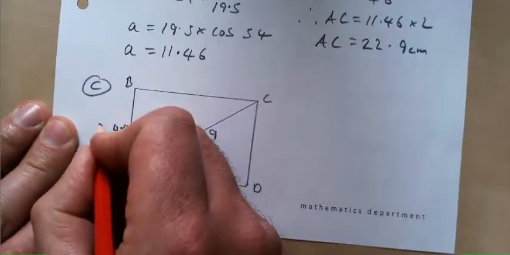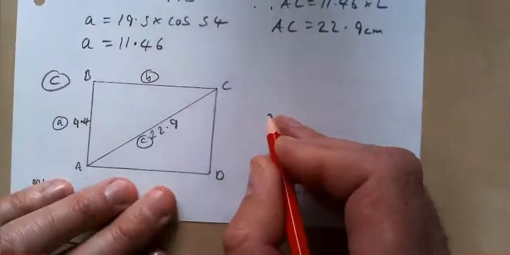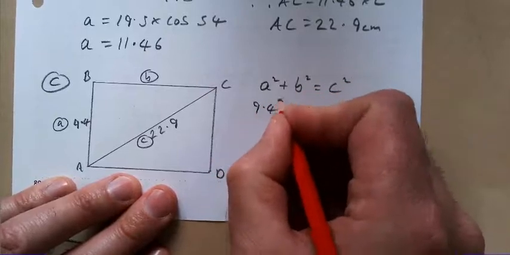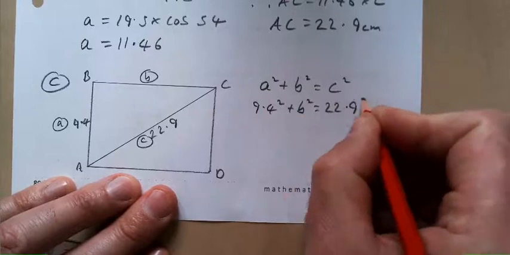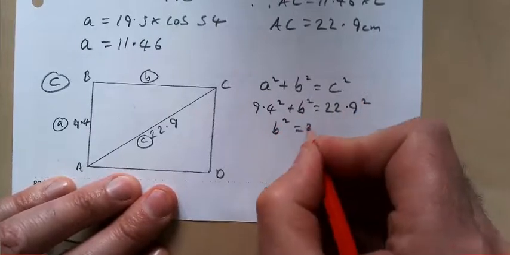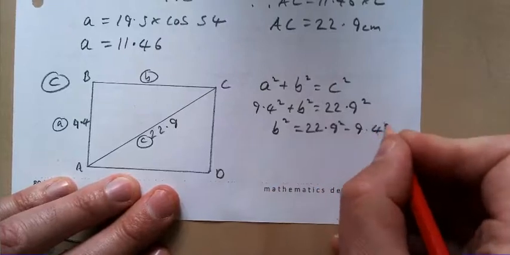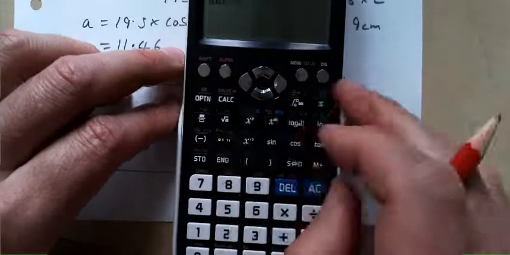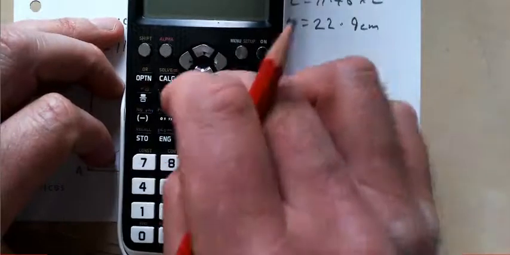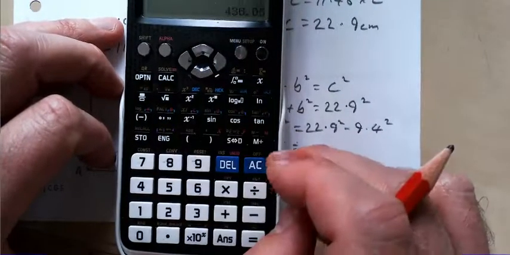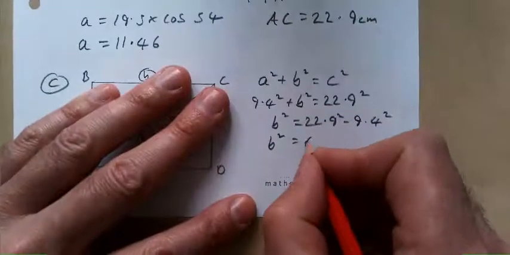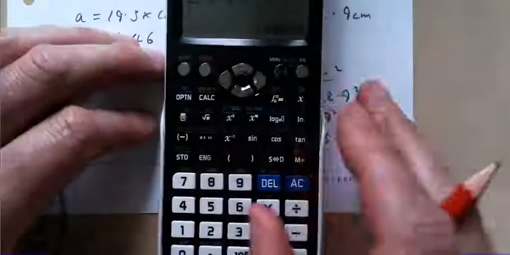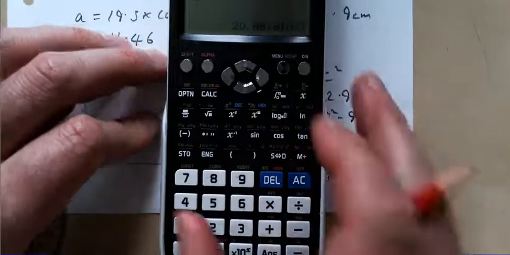I'm going to call this one a, this one b, this one c, and we're going to have a squared plus b squared equals c squared. 9.4 squared plus b squared equals 22.9 squared. b squared equals 22.9 squared, take away 9.4 squared. b squared equals 436.05, and so then b is going to be the square root of that, and it gives us 20.88.